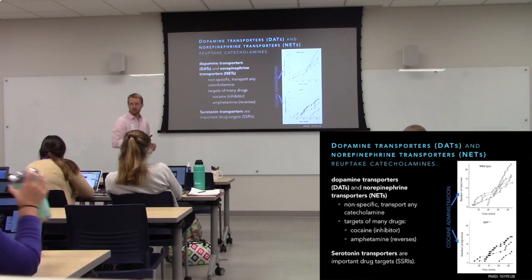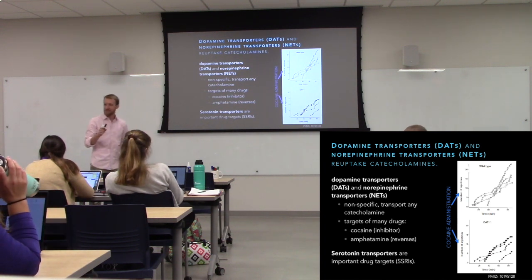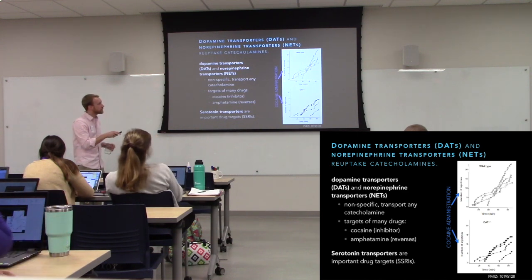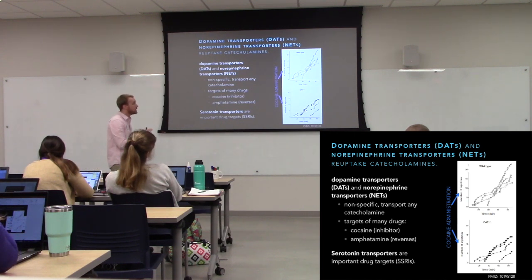They notice, when I press that lever, it feels pretty good. I want to do that again. This is rewarding. And you'll notice over time, each animal, which is each line here with its own little shape, increases over time. They're not pressing it less frequently. Rodents like cocaine.